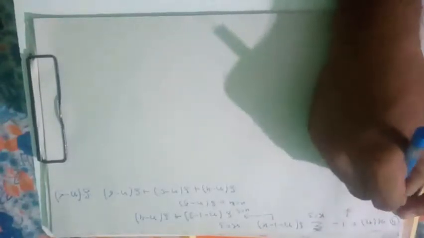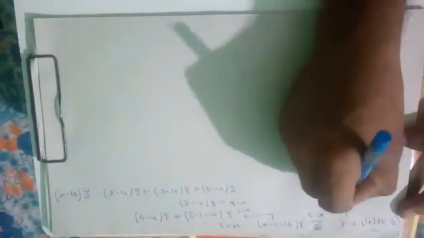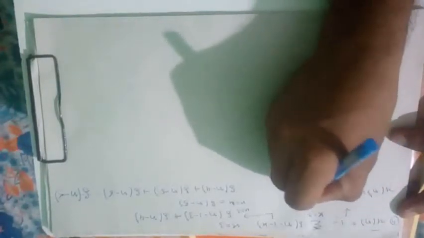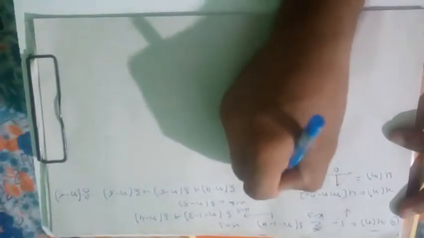Now it is in this form: x of n equals u of n minus n naught. You know that u of n is 1 from 0, 1, 2, 3 up to infinity.